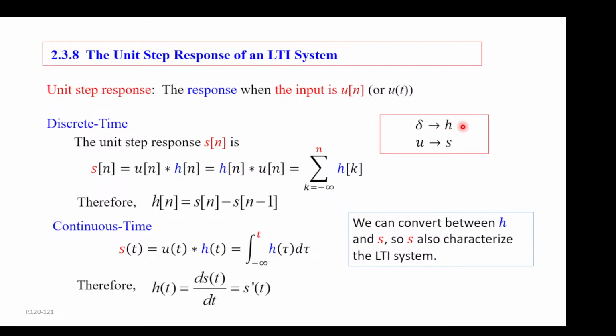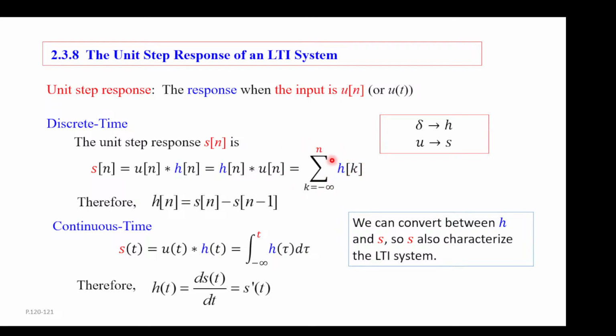That's not surprising because everything about the system can be described by h of n. So s of n is the unit step as input, and the output will be convolved with h. That's the same as h convolved with u, and convolved with u, it's a summation from minus infinity to n. So s is actually the accumulation of h.